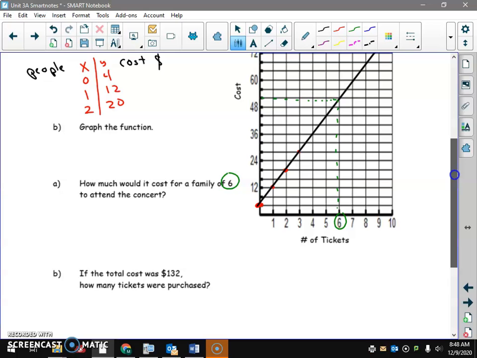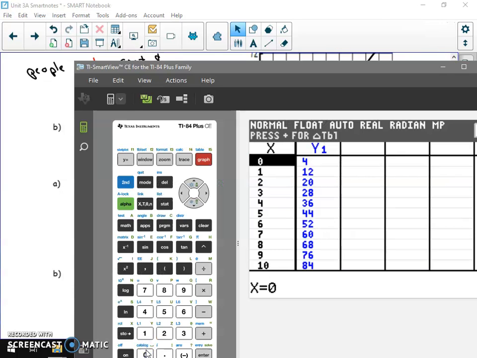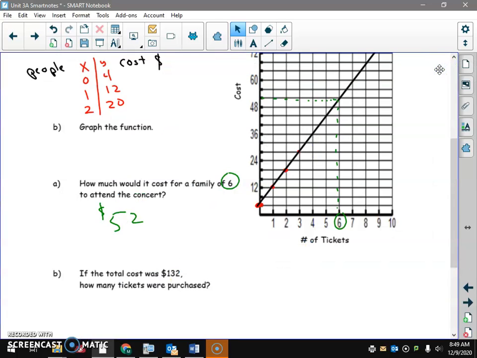That looks like 4 past 48, so it looks to me like it's going to be $52. If we go to our calculator, let's check that. Down to 6. Over to 52. Beautiful. Calculator says the same as our graph.